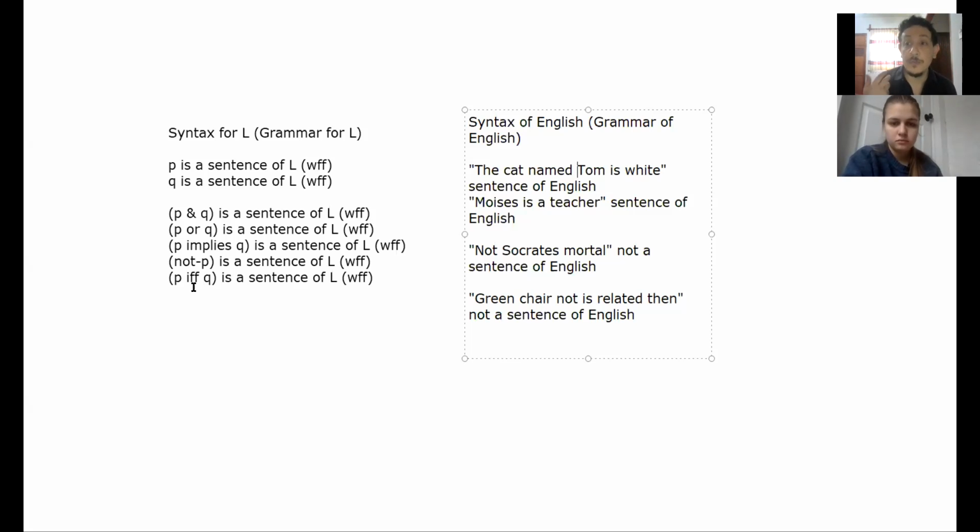Because all we want to study from language, right? In this course, or for the purposes of logic, the only thing we care about are the logical relations between sentences. We don't care about specific meanings. We don't care about active and passive voice. Those things are irrelevant to us, right?